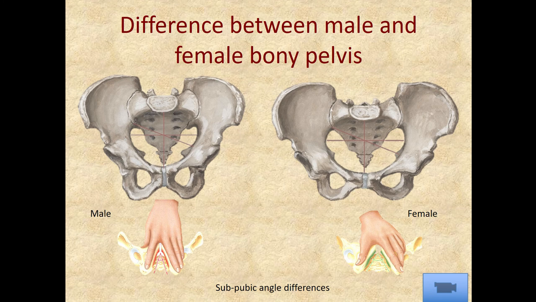All right, if you want to see the difference between a male and a female, now this is sort of misleading because certainly pelvic girdles can come in multiple shapes and sizes. So this is by no means a definitive thing. That's why we're having to do measurements and look at the shape of the pelvis.